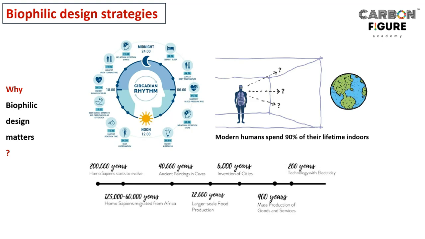So why is it so important? As I mentioned, modern humans spend 90% of their lifetime indoors. 90%, which is a huge time. As we see the timeline and evolution of the human species, we spent some 1 lakh or 2 lakh years without any enclosed space.